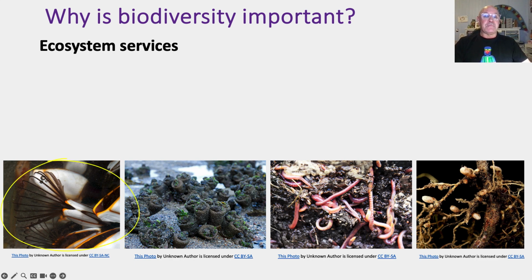So this is an example here of barnacles. Barnacles are filter feeders. So these feather-like things, they catch the organic matter that's moving around in the water. But that's how they feed. But the service they provide to the ecosystem is that they actually clean the water, clean the oceans.